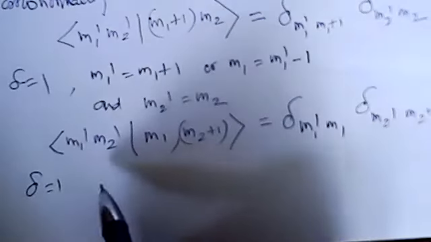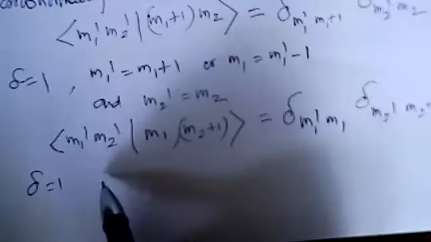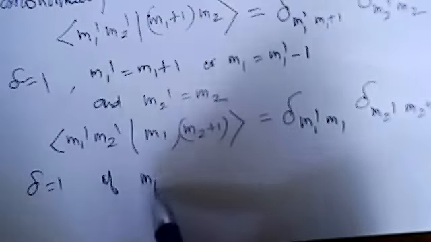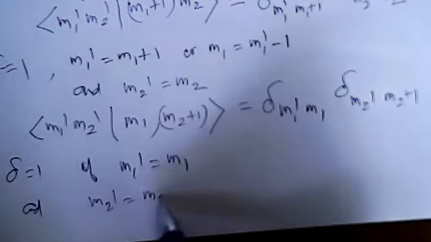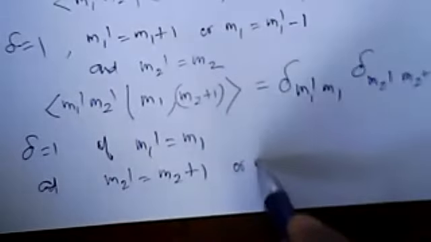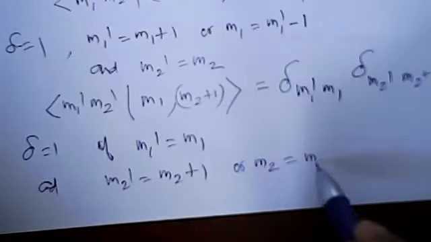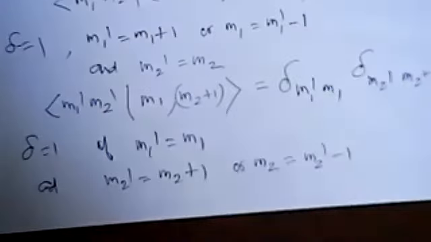Similarly, as before, the delta is 1 when m1' equals m1, the first condition, and second condition, m2' equals m2 plus 1, or m2 equals m2' minus 1.